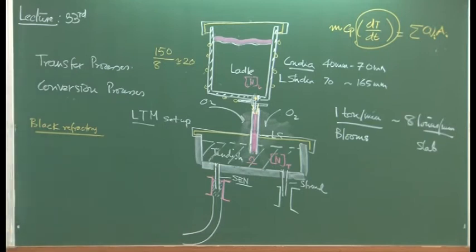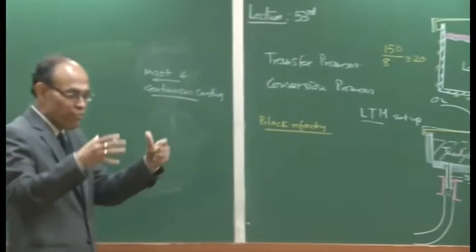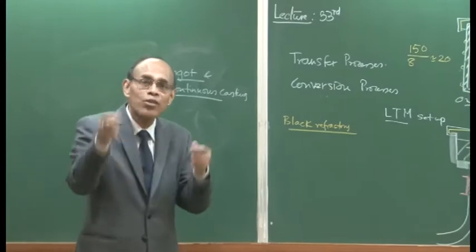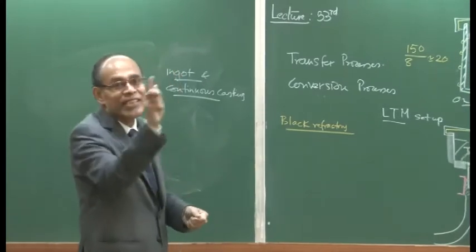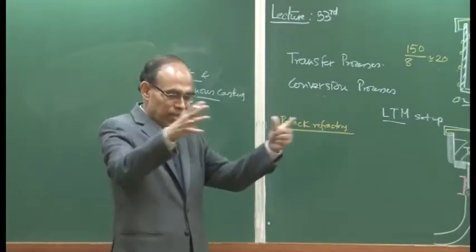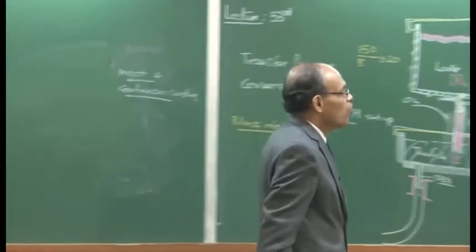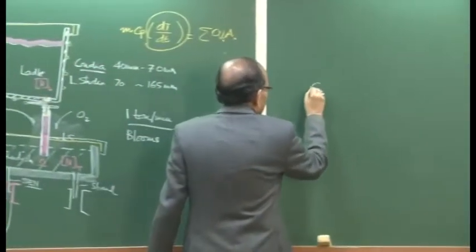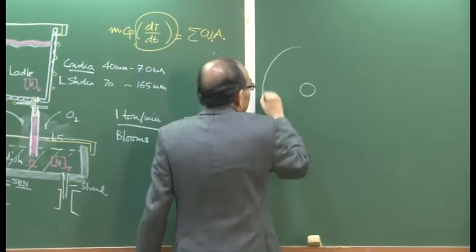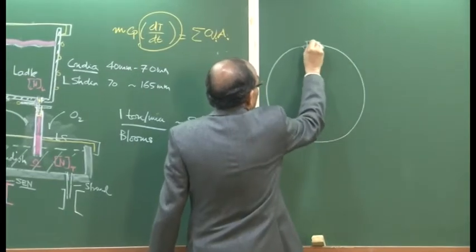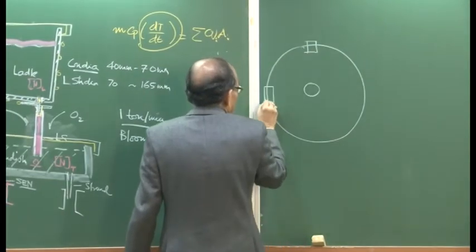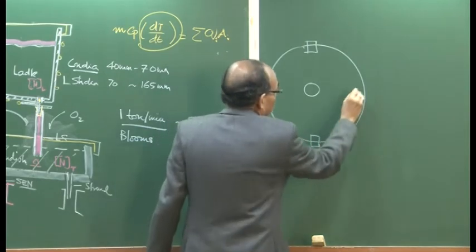On the other hand, ingot casting is a batch process where you have a number of molds into which molten metal is poured, one mold at a time, or maybe a cluster of molds, 8 molds or something like that. So, they are arranged like this: we can have 4 ingot molds.